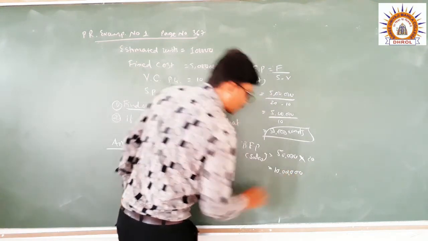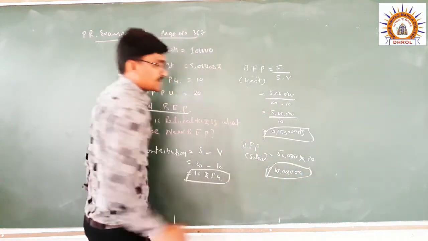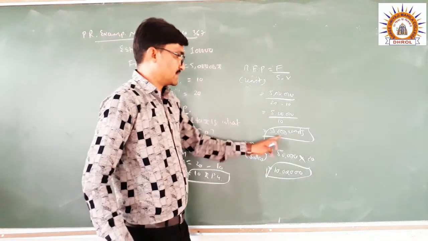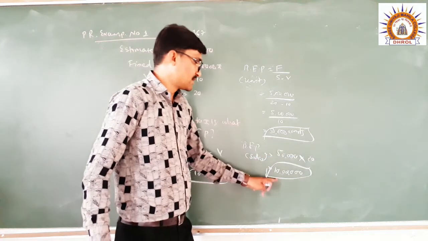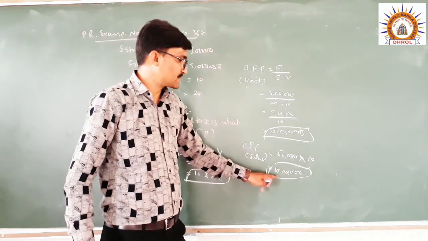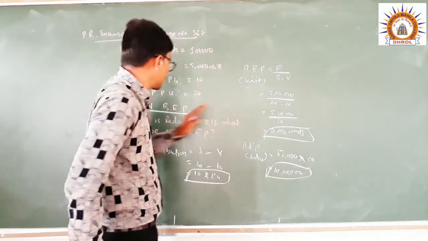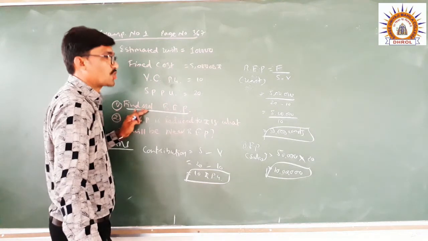So 10 lakhs rupees is the break-even sales amount. Here the break-even sales is 50,000 units, and the break-even sales amount is rupees 10 lakhs. So the first problem is solved.